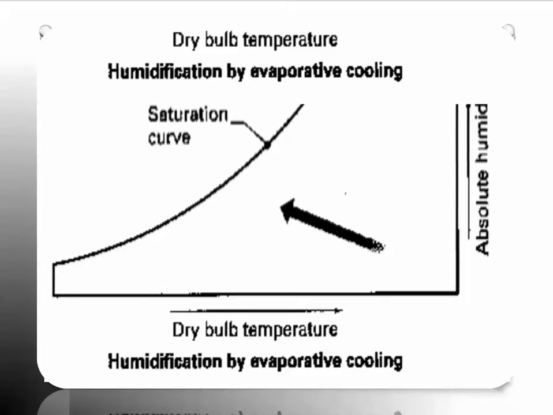The sensible heat loss by air is converted into latent heat in the addition of water vapor. In this you can see the dry bulb temperature and the absolute humidity graph, where the saturation curve or the point lies.